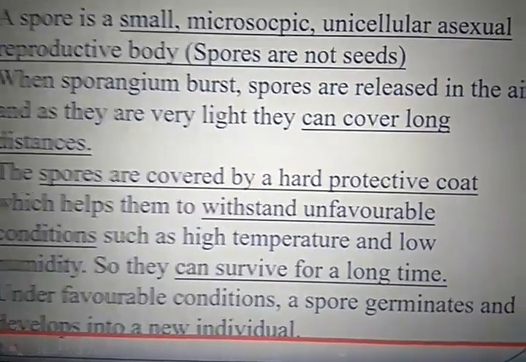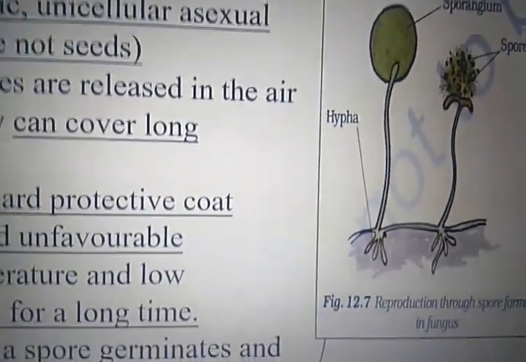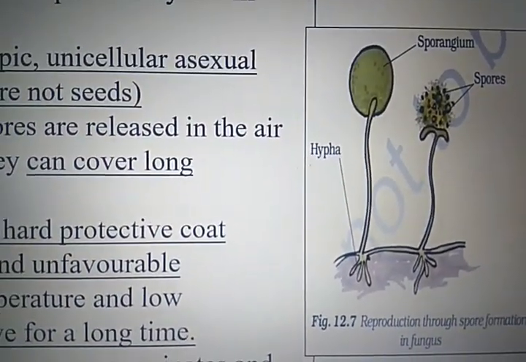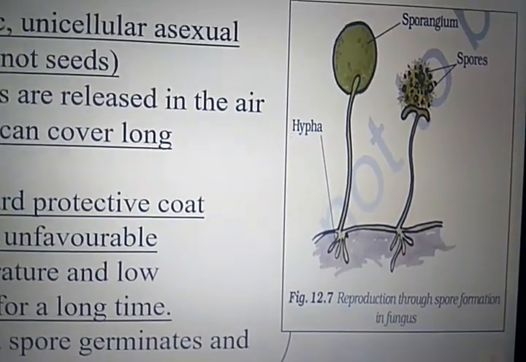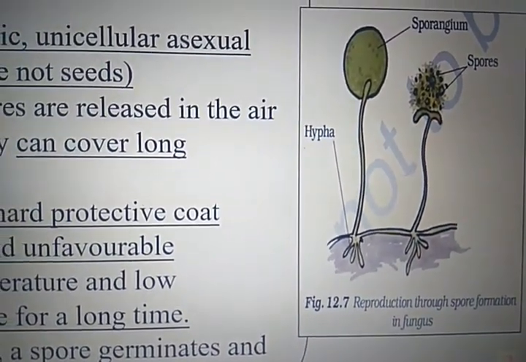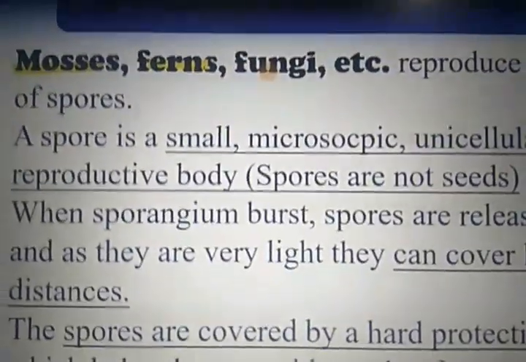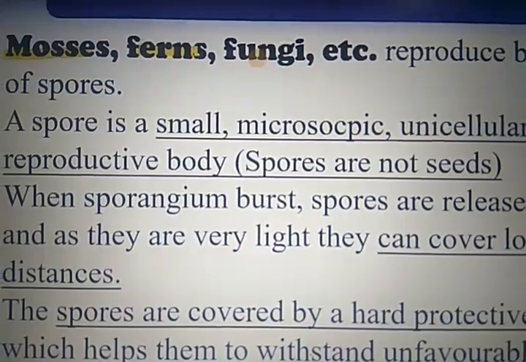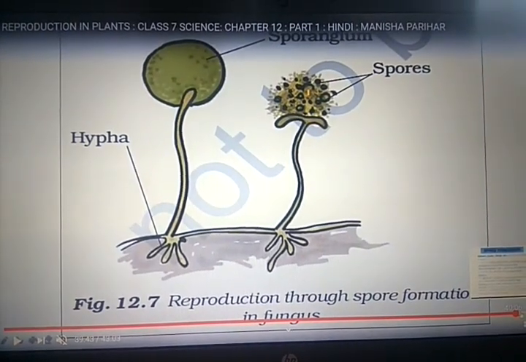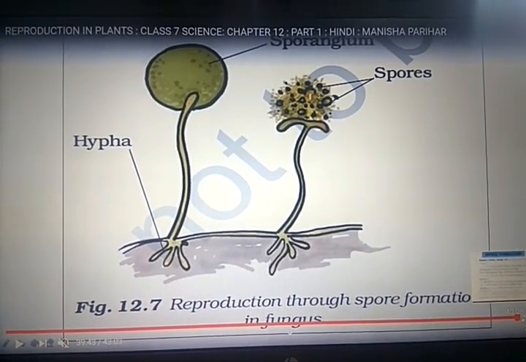Like this way you can find another type of asexual reproduction, that is spore formation, which we can see in reproduction through spore formation in fungus, or the best examples mosses, ferns and fungi. Here you can see the spore formation.